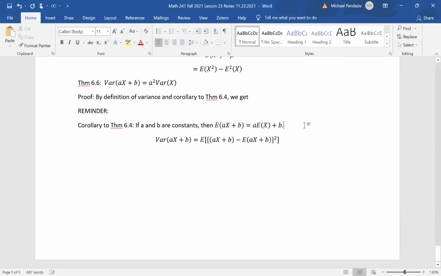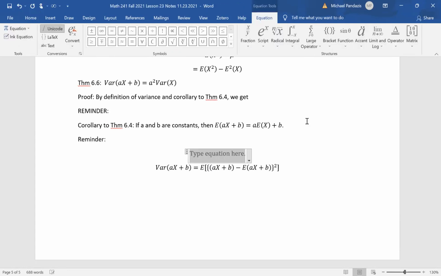Okay, so also a reminder, the definition of variance. The definition of variance says that the variance of a random variable Y is equal to the expected value of Y minus its mean, squared, right?